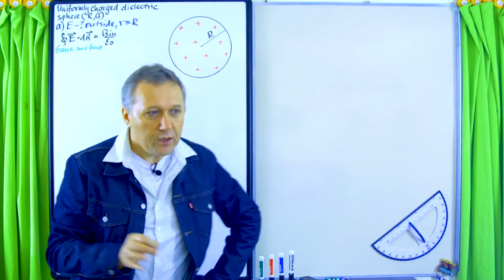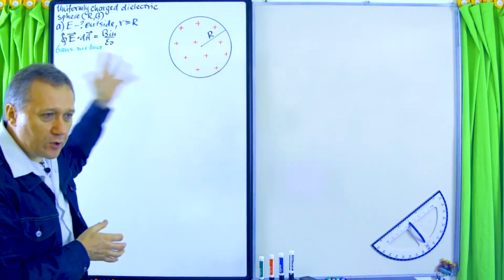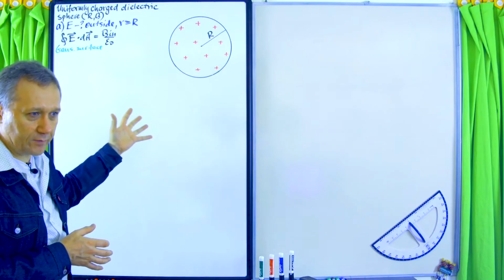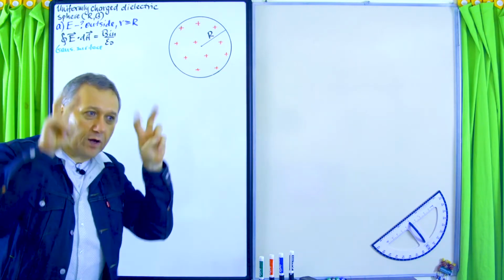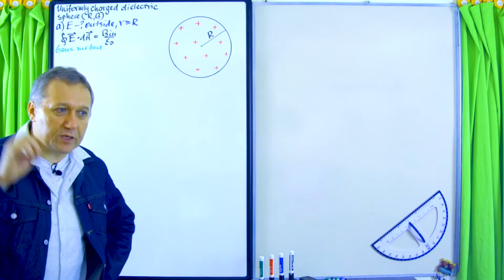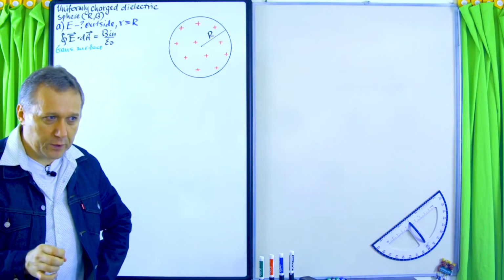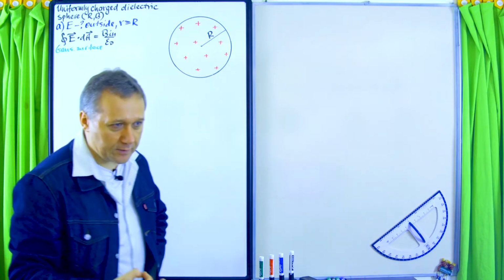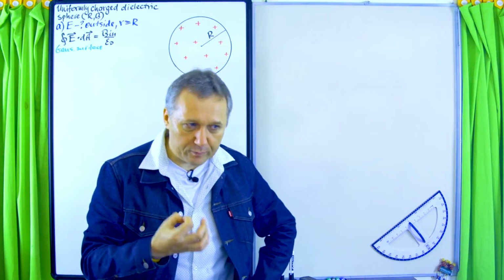But the thing is, we need to solve this particular problem. We need to find the value of the electric field, the expression for the electric field. And with your kind of correct surface, you will never be able to complete this problem from the mathematical point of view. So in this case, the fact that you are correct is useless. You will never be able to solve the problem.